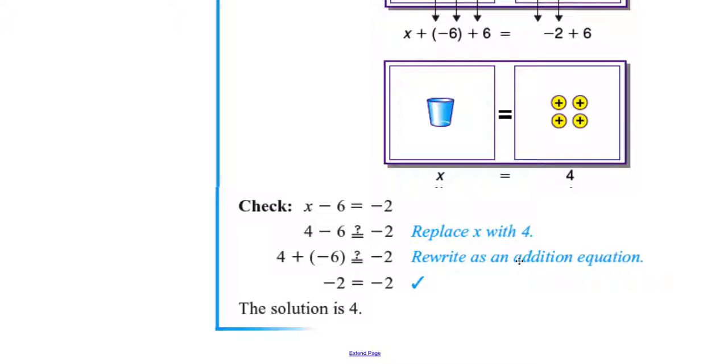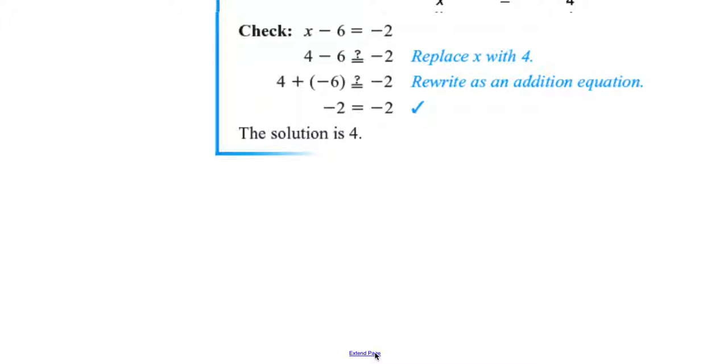Okay? And let me show you another way of doing this. And let's go back to the same thing. Same example. So without using counters, if you have x minus 6 is equal to negative 2, okay? Another way of looking at this is we want to undo negative 6, because if we make it into an addition sentence, this is x plus negative 6 is equal to negative 2.